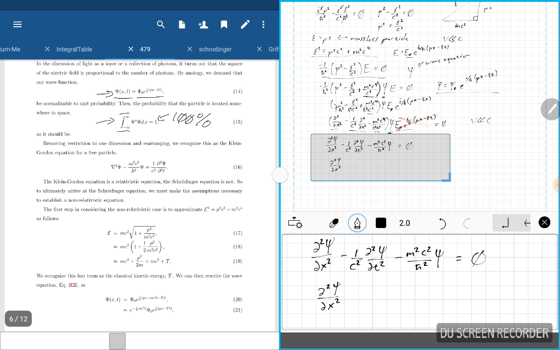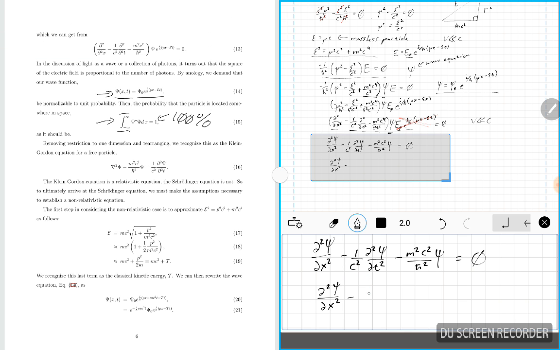So I have my second derivative with respect to space minus m squared c squared over h bar squared psi equals my second derivative with respect to time. So we're getting there, but we're not there yet. We have a second derivative, we have a second derivative, and we just have our wave function out there.